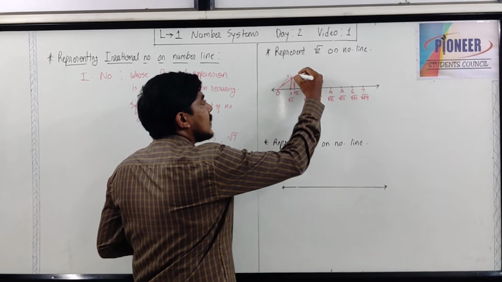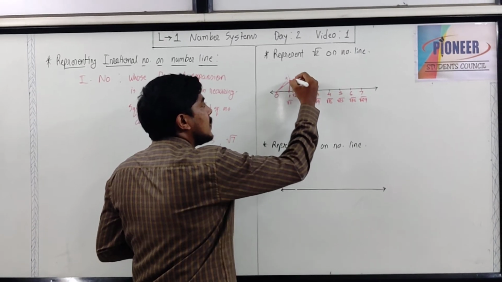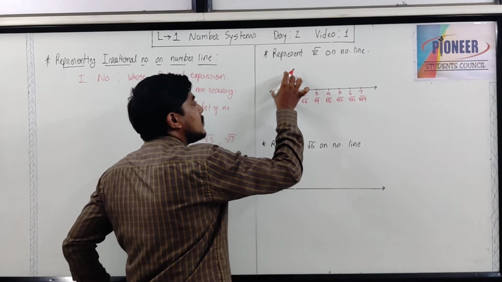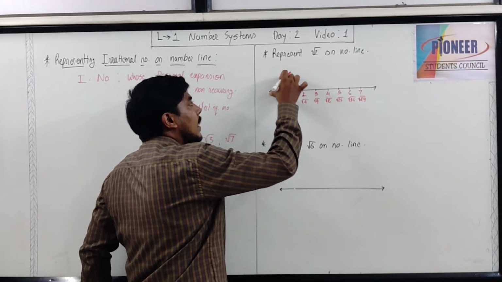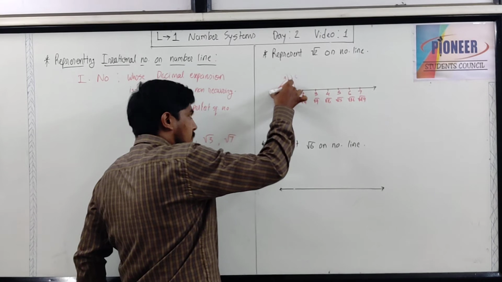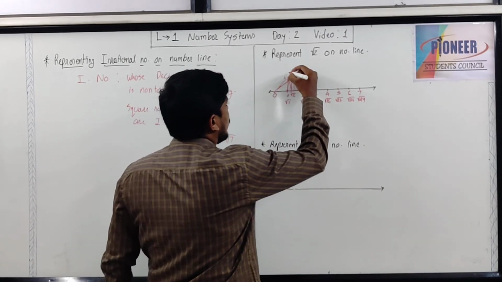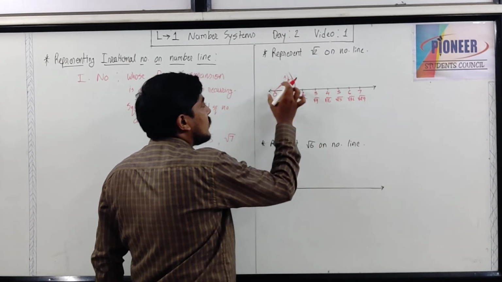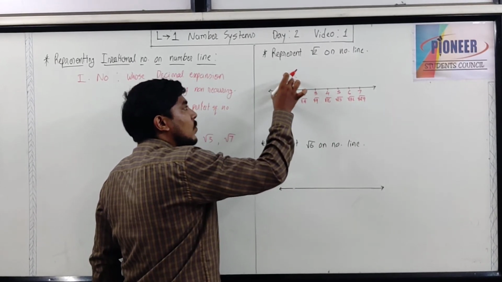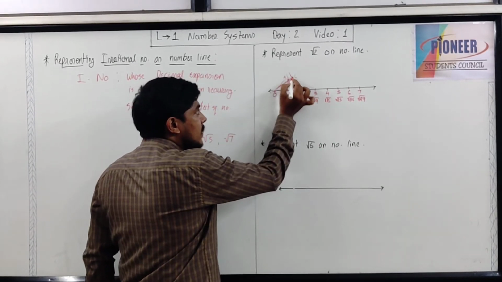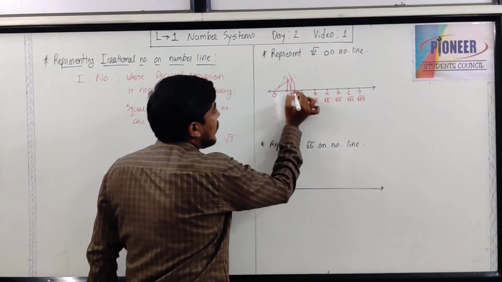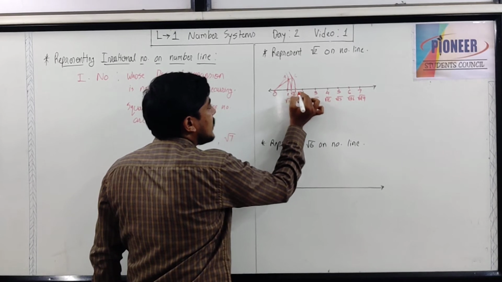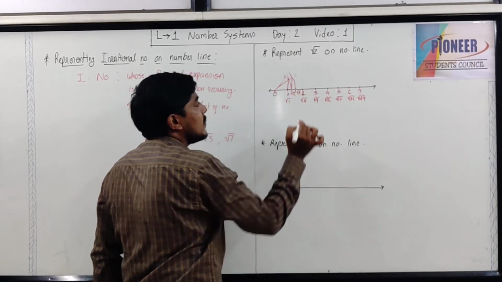Now let's give this point the name C. Now take the distance in your divider from 0 to C and draw an arc carrying the distance of 0 and C. This arc will come after the point of root 2, and this point will be known as root 3.